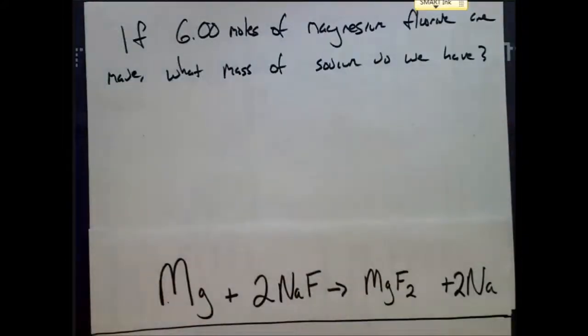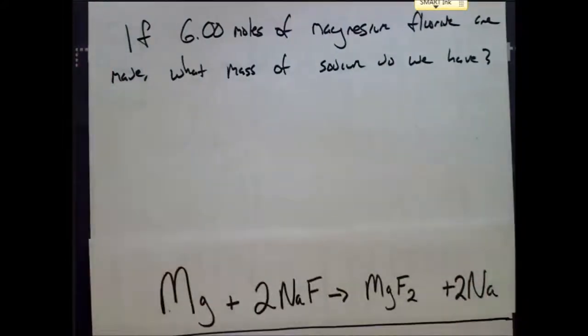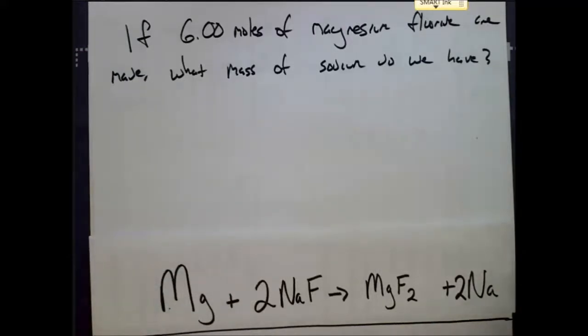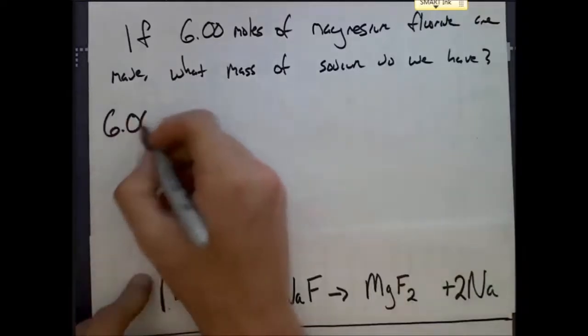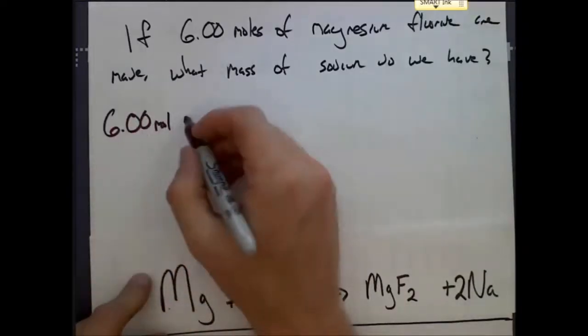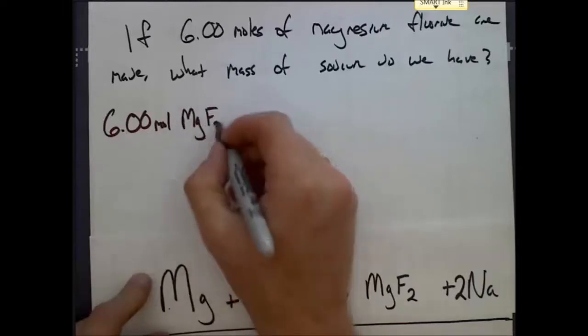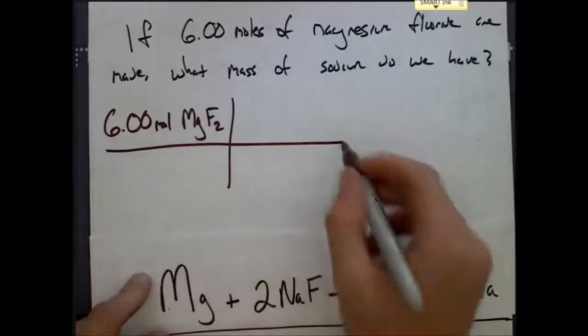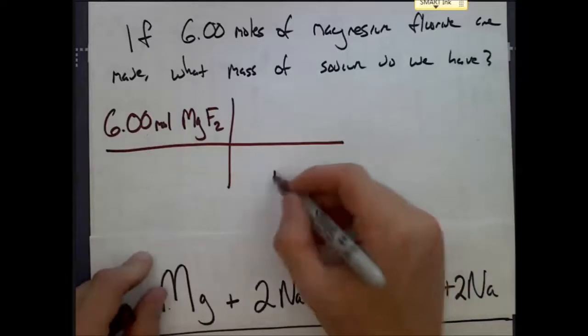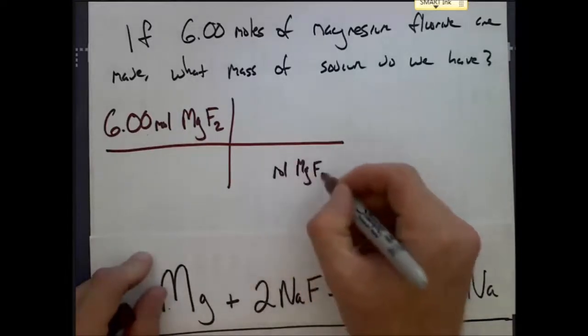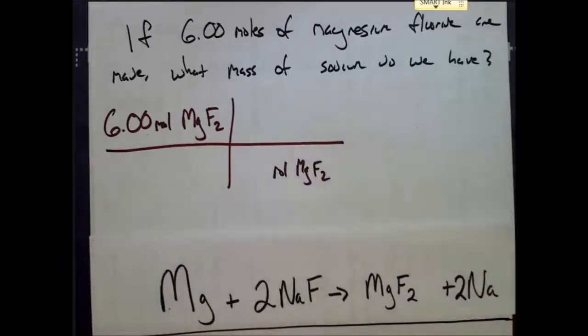One more 2-step problem, and we'll see how this one works. If 6.00 moles of magnesium fluoride are made, so start off with our given, moles of magnesium fluoride. What mass of sodium do we have? Well, you got moles of magnesium fluoride, getting rid of it.